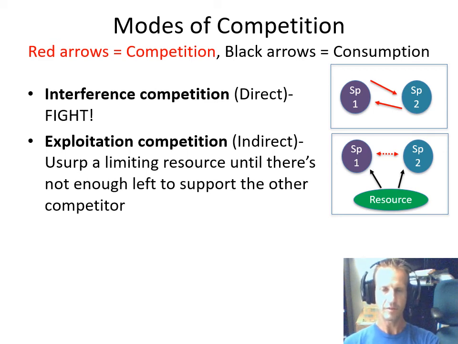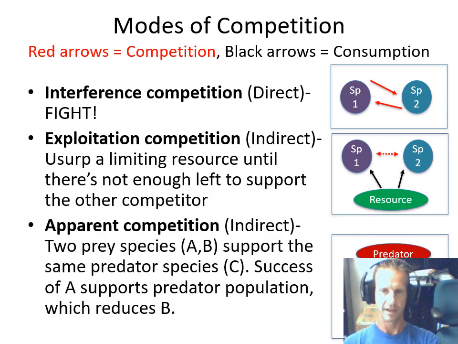All right, final form of competition, and my picture is kind of going to be blocking it. It's called apparent competition. This is where there's two prey species that are both eaten by the same predator. If one of the prey species is doing well, it means that the predator population increases. And when the predator population increases, it preys on the other prey species more.